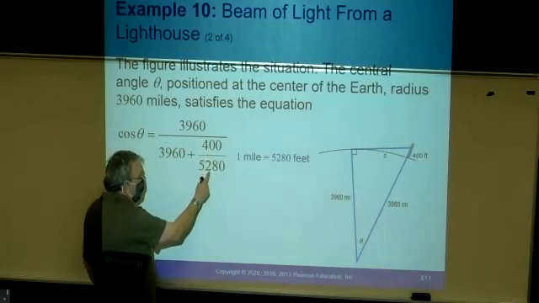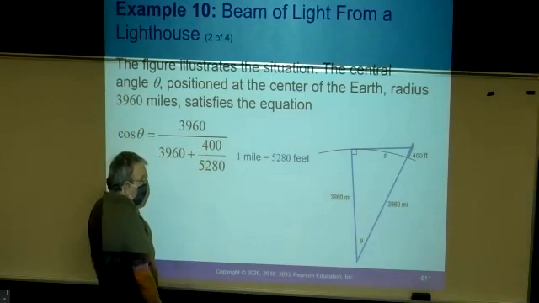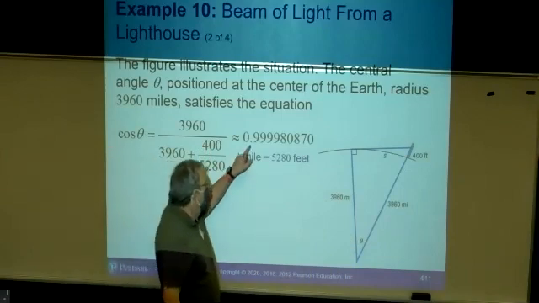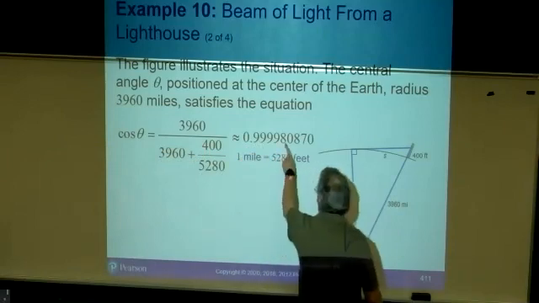We can find this angle by dividing 4,000 by 5,280, which converts this to a mile, how many miles it is. Notice it is not very much less than 1.